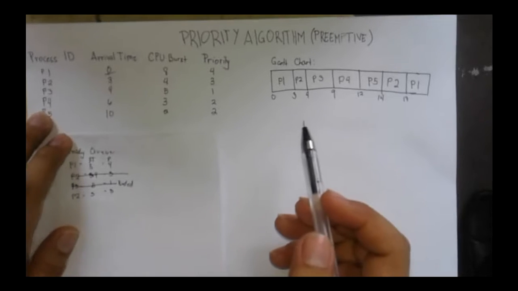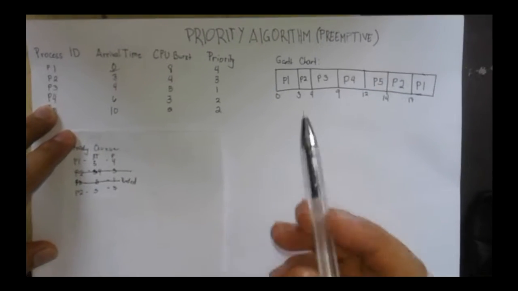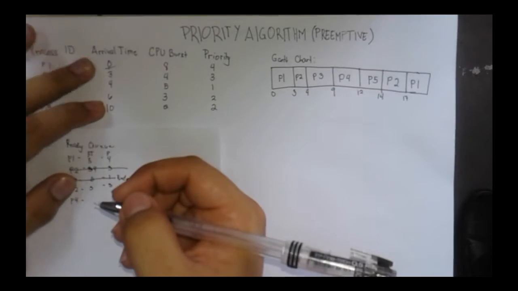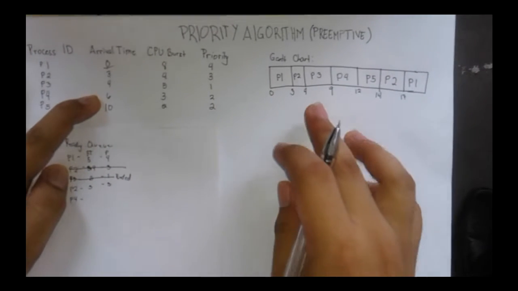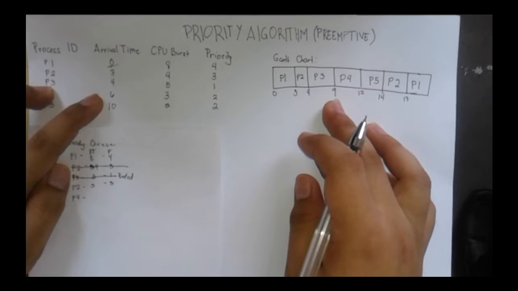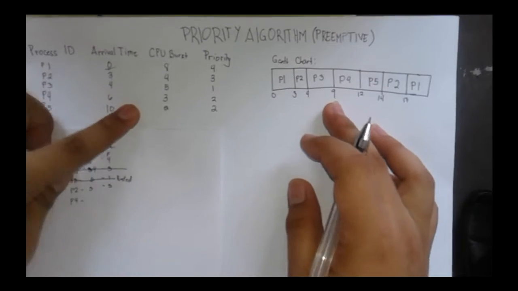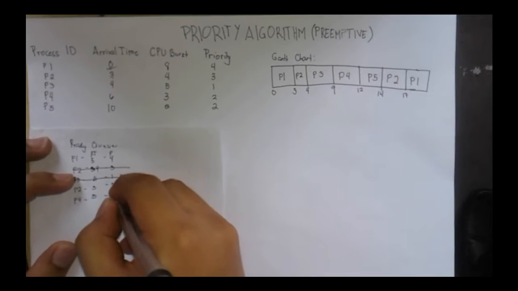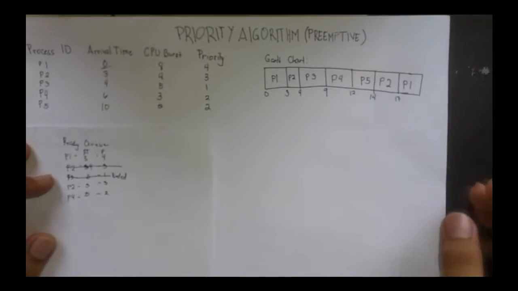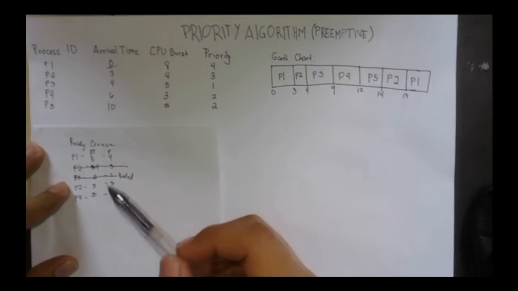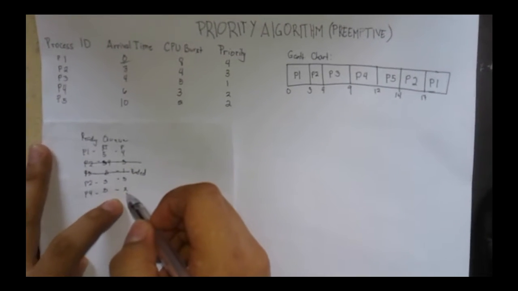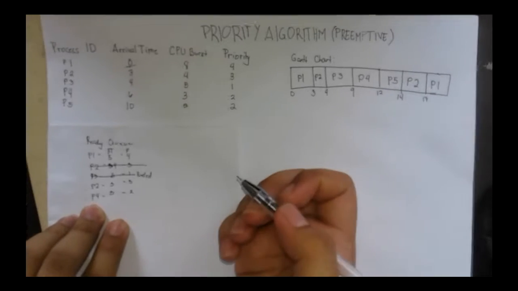And before it ends, P4 already arrived because its arrival time is 6 and the execution time of P3 is 9. So P4 has a burst time of 3 and priority of 2.